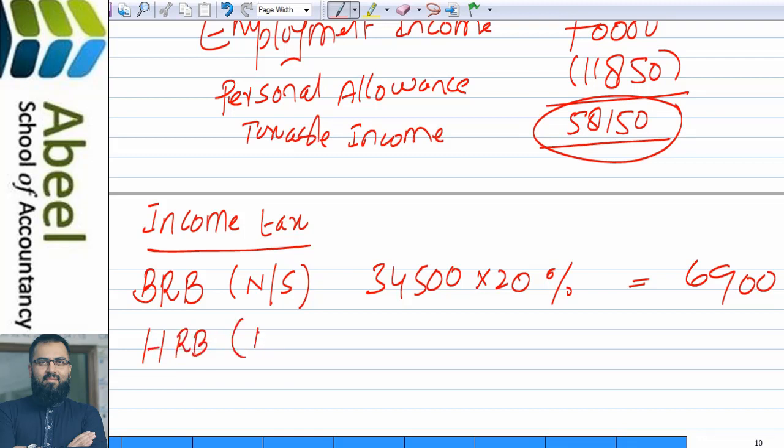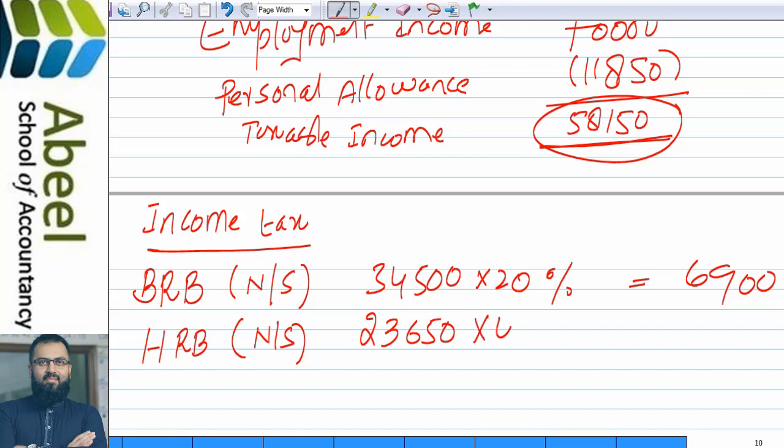Higher rate band, non-saving income, what you need to do? Now you will have to deduct 34,500 from 58,150. 58,150 minus 34,500, the answer comes 23,650.